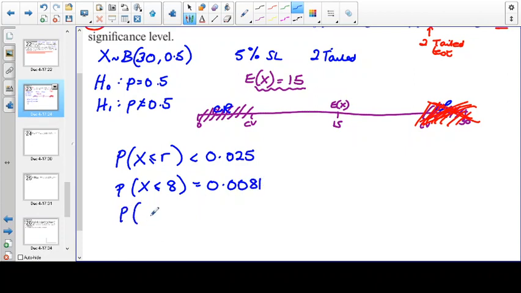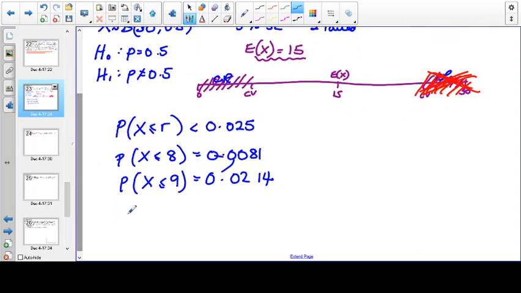So I'm just going to go a bit higher. Less than 9, that is 0.0214. So now I'm just going to go for 10.